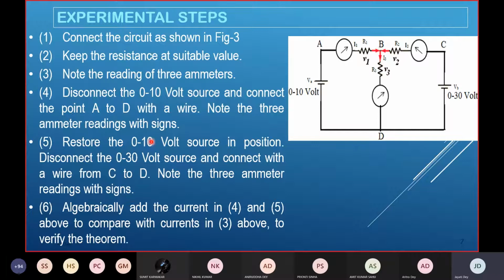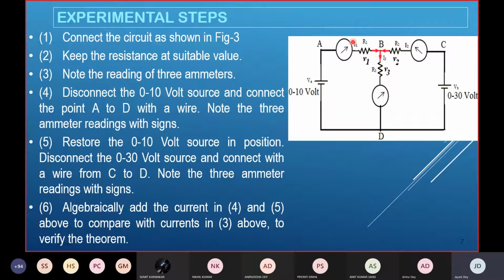Now for the experimentation, it is very important to know what instruments or elements we are going to use. For the two voltage sources, VA is 0 to 10 volt and VB is 0 to 30 volt, right?